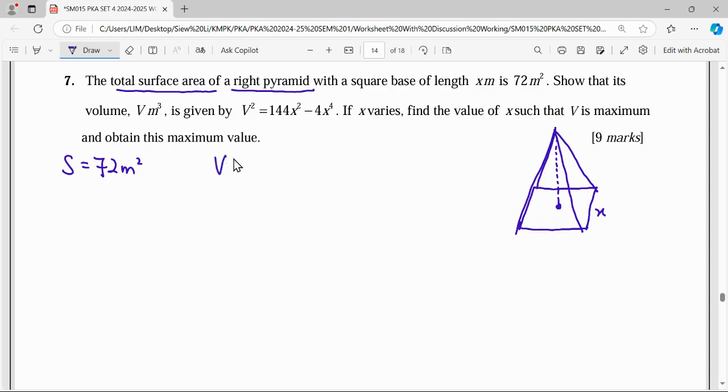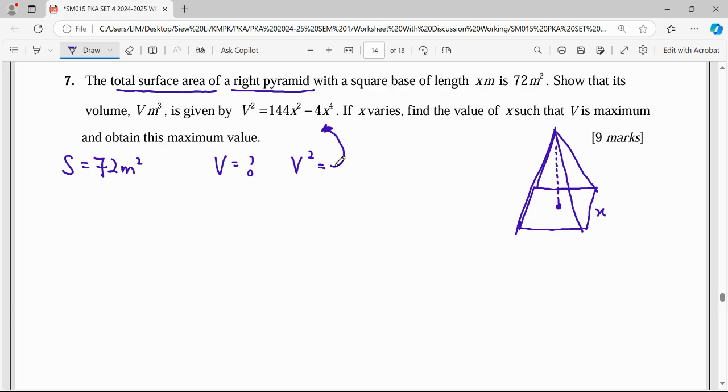So you want to find your volume first, then only you square your volume to show you get this. Then, if x varies, meaning x is variable, find your value of x such that this volume is to be maximized, and obtain this maximum volume.